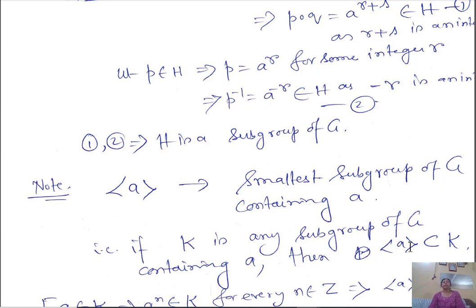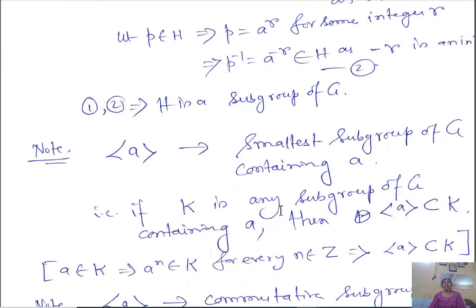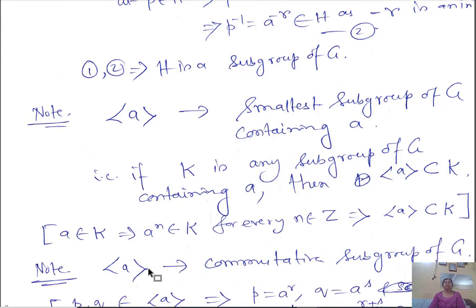Any other subgroup of G that contains A, this one is the smallest. This is always a subset. This is immediate. It immediately follows from this. You can argue it immediately.